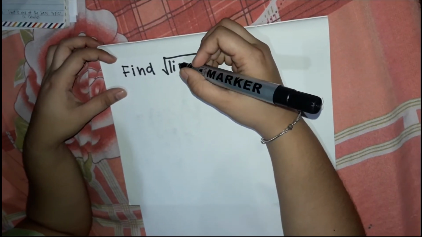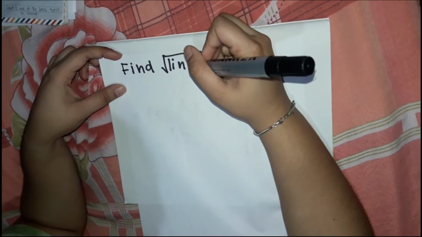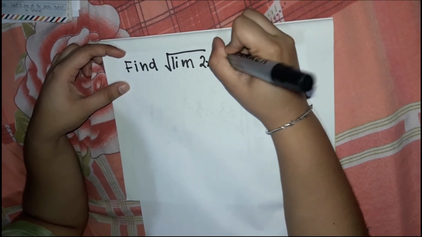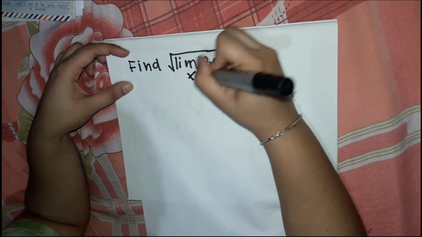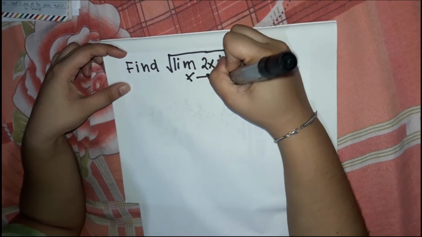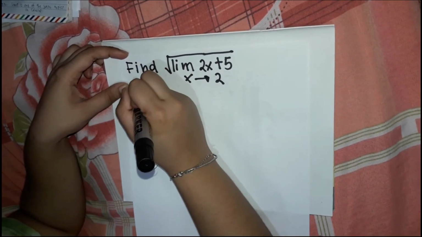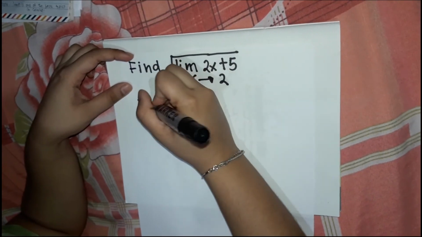So for our second to the last example, find the square root of the limit of 2x plus 5 as x approaches 2. We use limit number 3 on the term 2x only and we just copy 5.